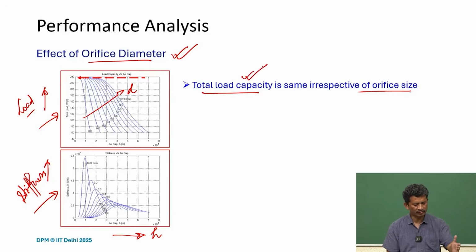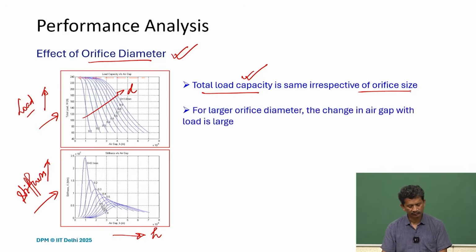That's why we see it all converging to the same point. We can always check: if we consider a constant pressure equal to the supply pressure, more or less distributed all along the surface, what would be the load capacity? From there we can also find it. So the total capacity doesn't change with the orifice size.